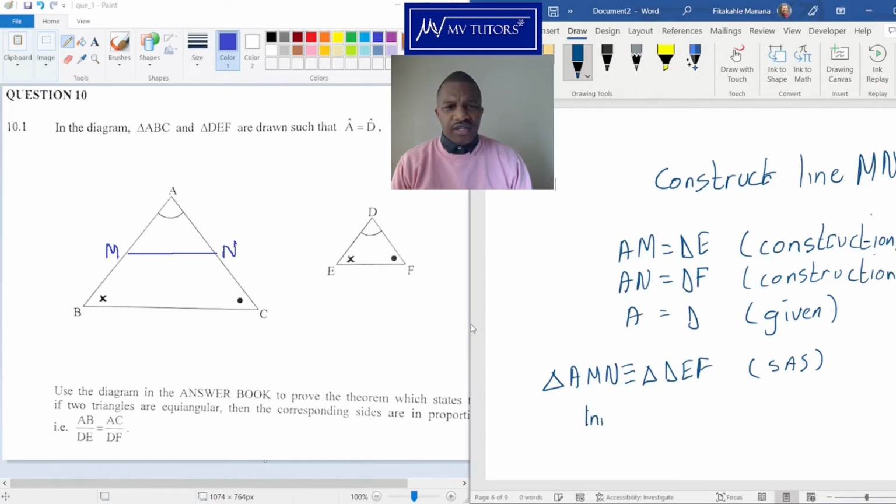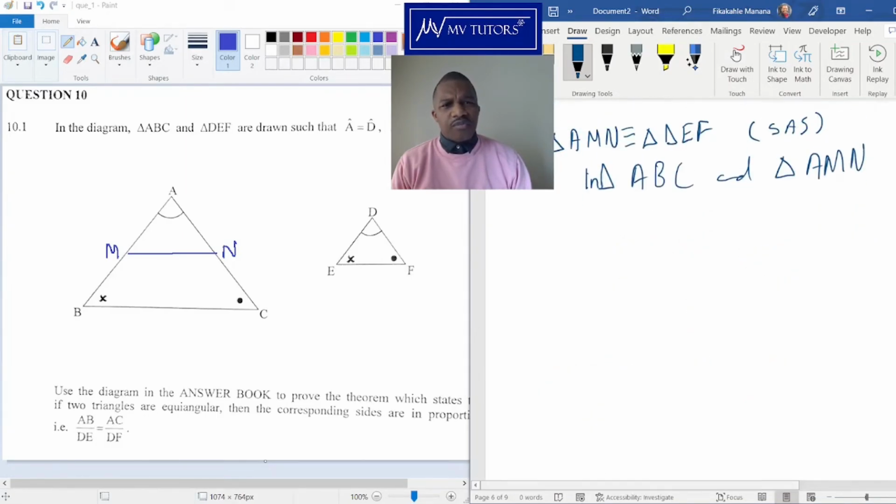Let's give each other more space. We just want to work with this triangle. But first, let's just say angle M is equal to angle E.